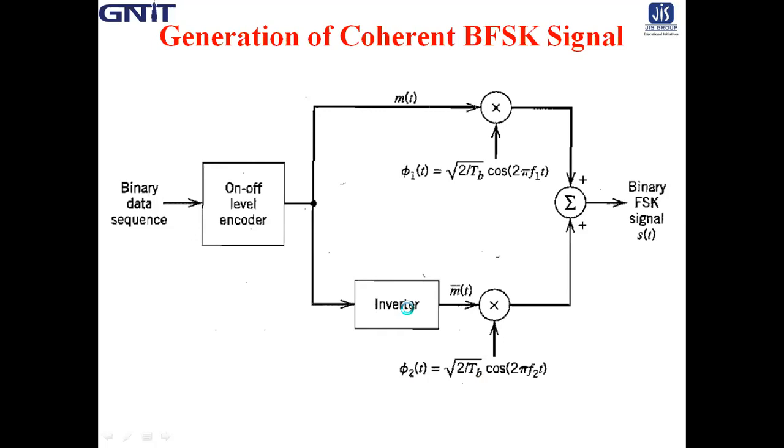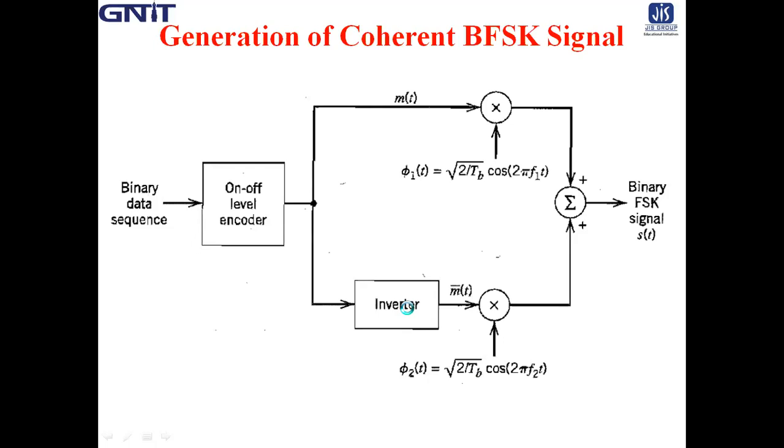And conversely, when we have symbol 0 at the input, the oscillator in the upper channel is switched off and the oscillator in the lower channel is switched on, with the result that frequency F2 is transmitted.